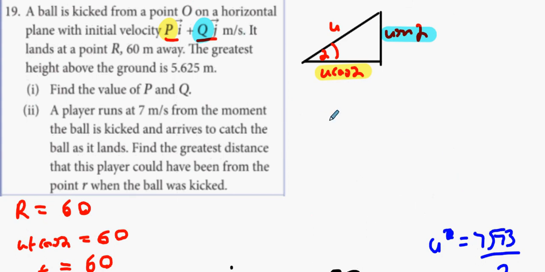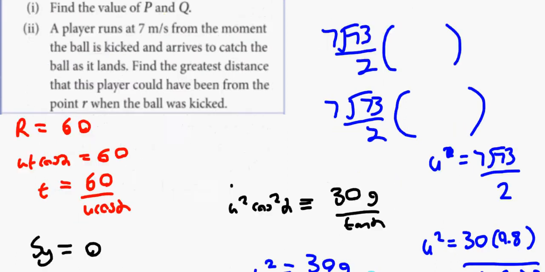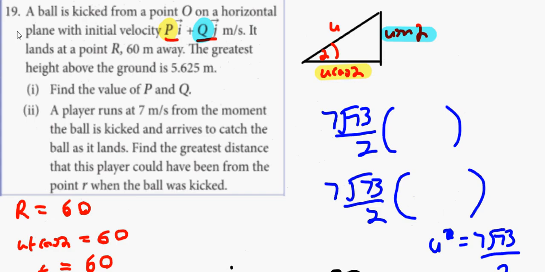So it's going to be 7 root 73 over 2 multiplied by cos alpha and 7 root 73 over 2 multiplied by sine alpha. And if I remember correctly, the root 73 is on the bottom. So it's 3 over root 73. And what's the other one? 8 over root 73.